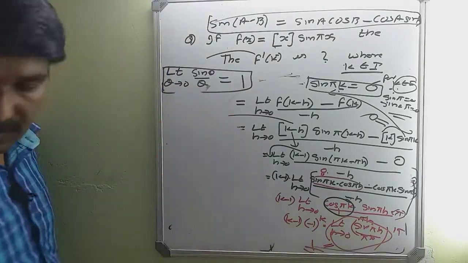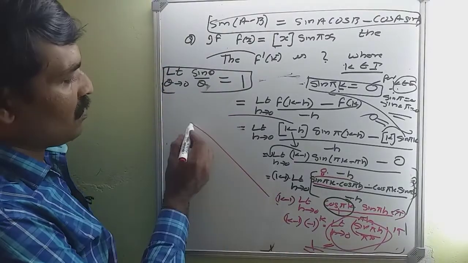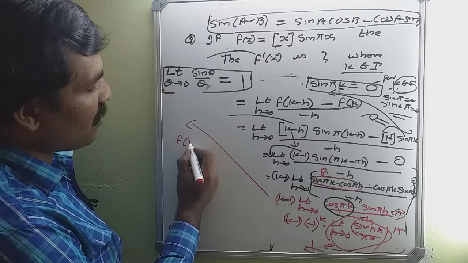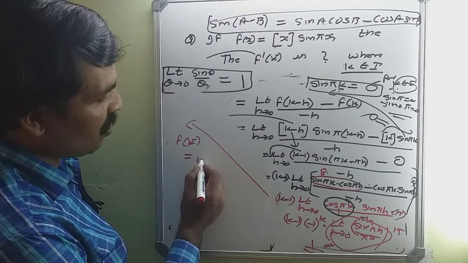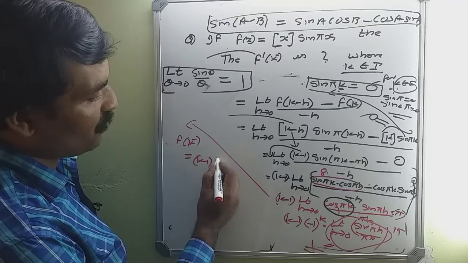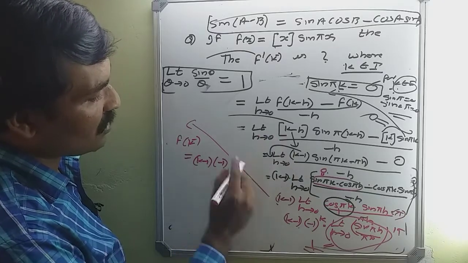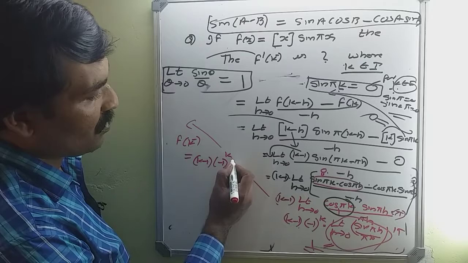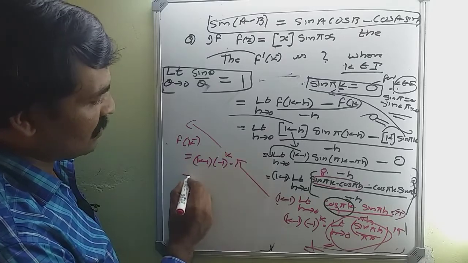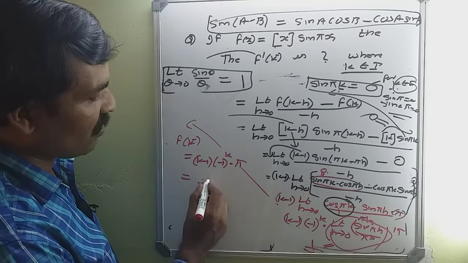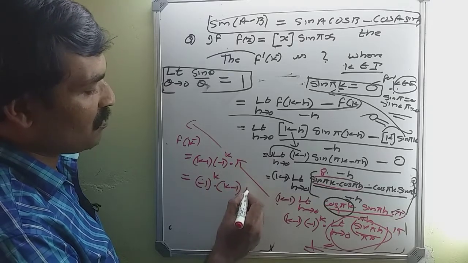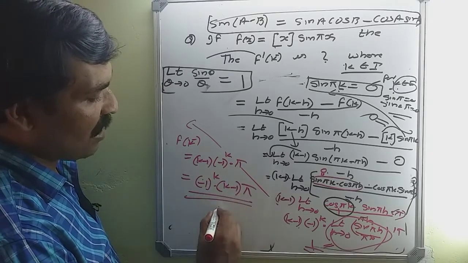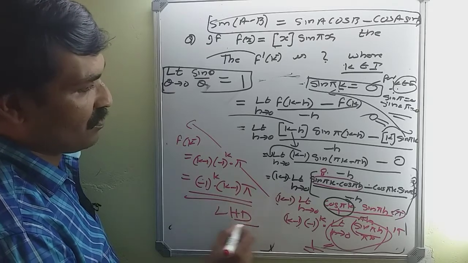So f dash k minus is equal to k minus 1 into minus 1 raised to k into pi. That is equal to minus 1 raised to k into k minus 1 pi. This is our left hand derivative.